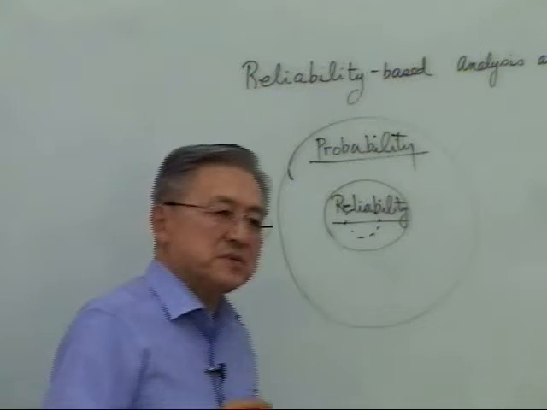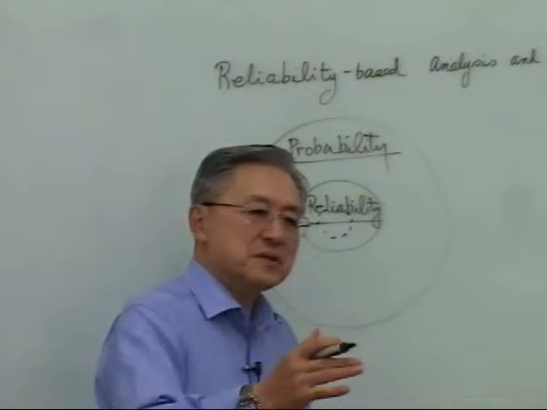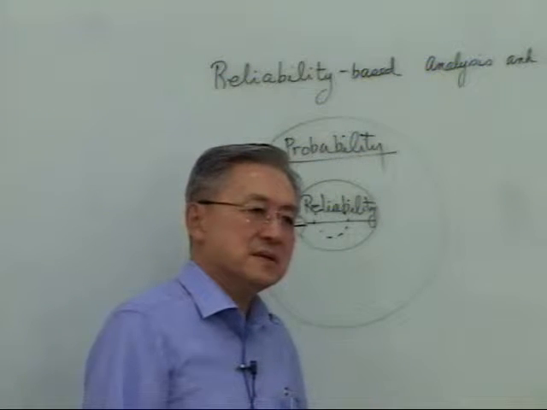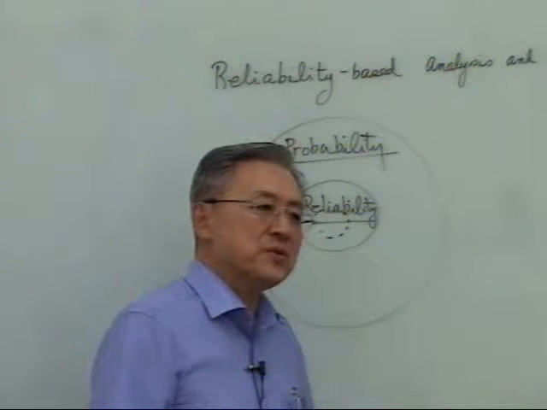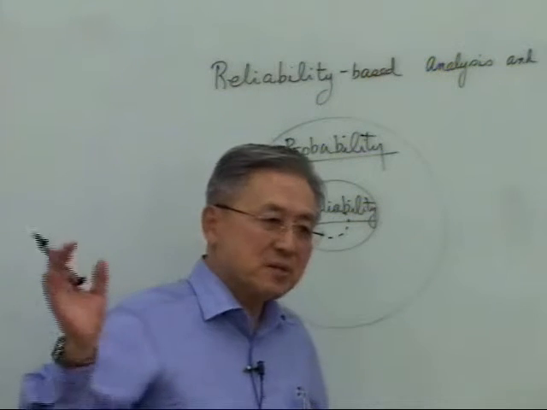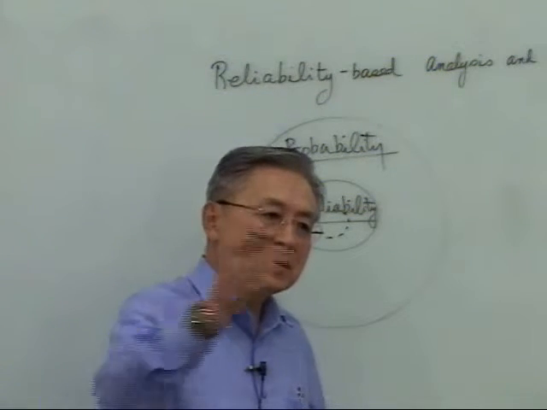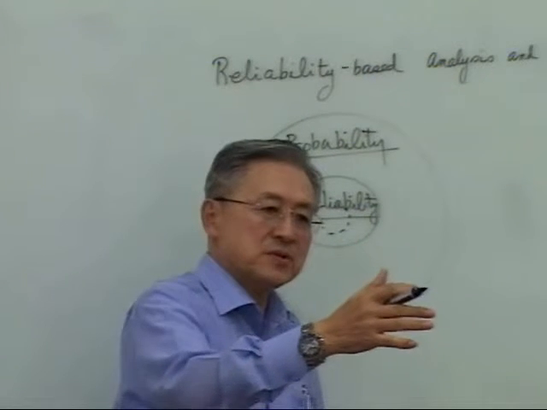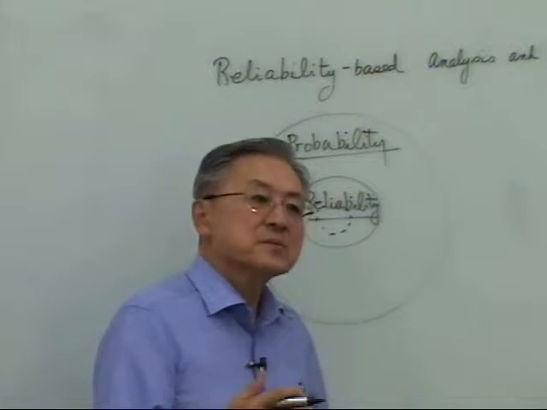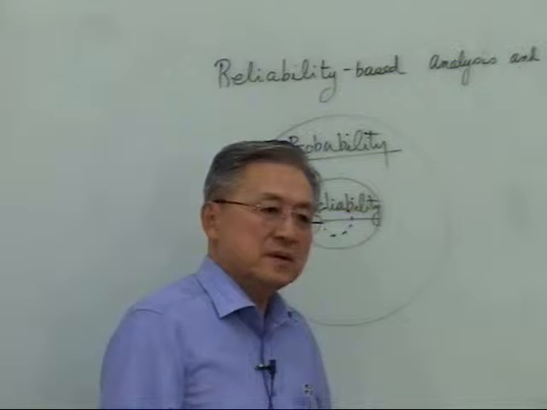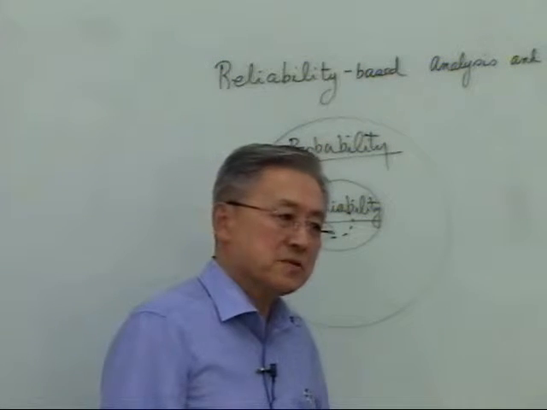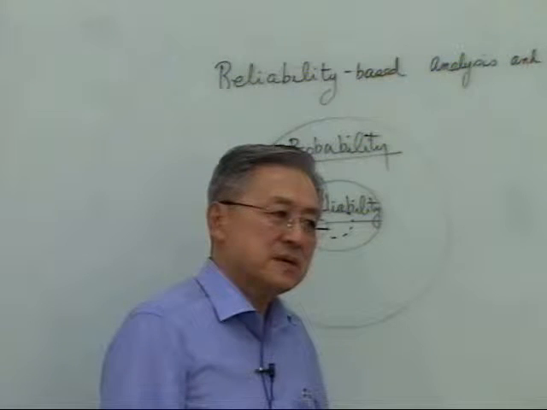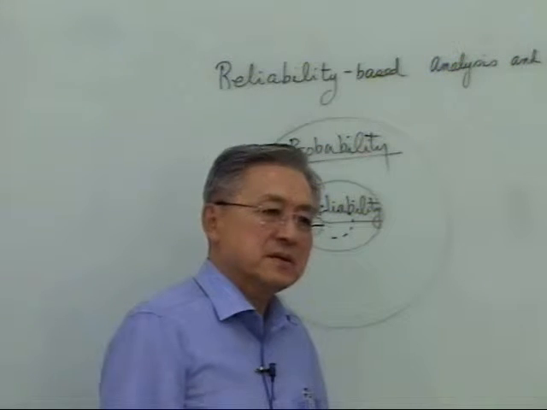It's not just to compute: here is a loading which is a constant loading. Then I have a material which is defined by somebody else saying the yield stress, ultimate stress and all that. Then I can compute the result, whatever the result is, okay? Then you will be happy.